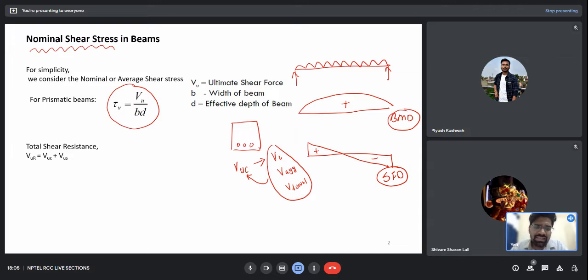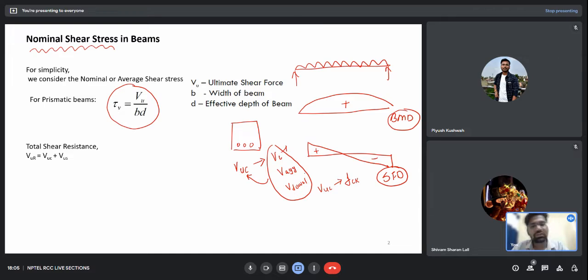So what I said, VUC depends upon the concrete. It's very obvious that for the value of VUC to be known, we should know the fck, that is the characteristic strength of concrete or the grade of concrete. V aggregate also depends upon the concrete itself.